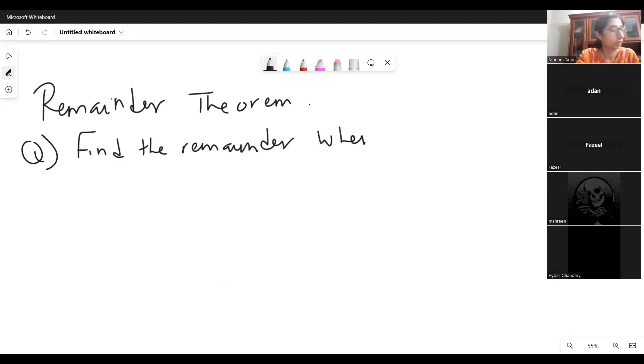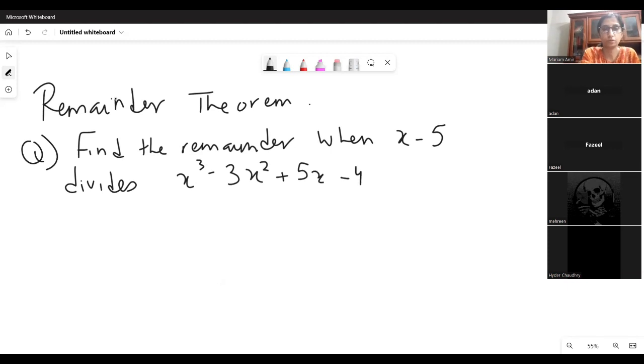When x minus 5 divides x cube minus 3x square plus 5x minus 4. You haven't been asked to find the quotient, so there's no point of doing long division. Plus इसके 1 or 2 marks से ज़्यादा नहीं होते. So no need of doing long division. Instead, you're going to use remainder theorem.